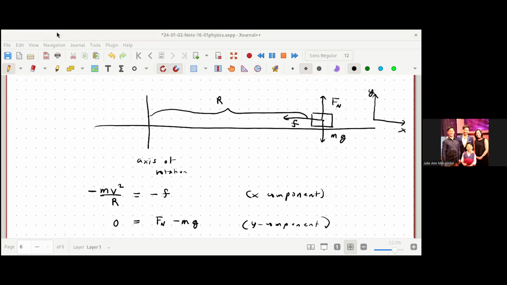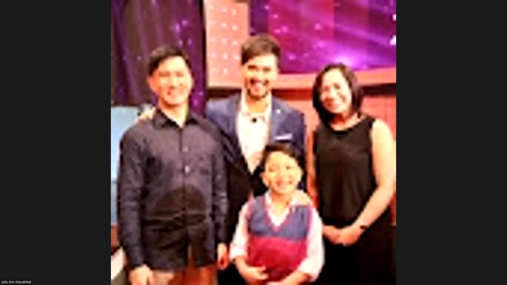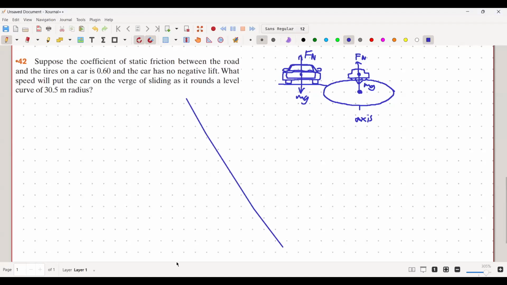Okay, so stop share na ako. Tapos pa-share uli ng screen mo. Internet connection is unstable.